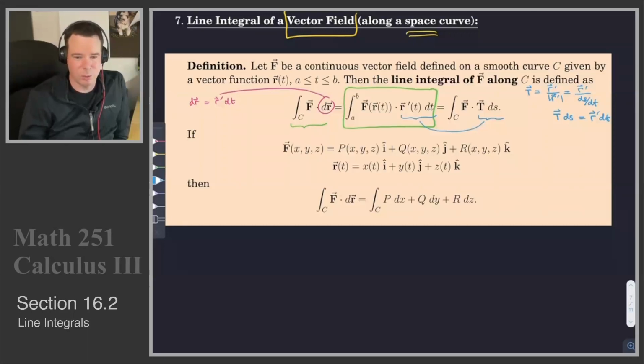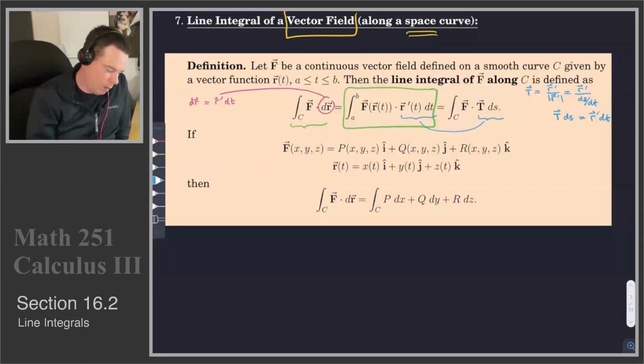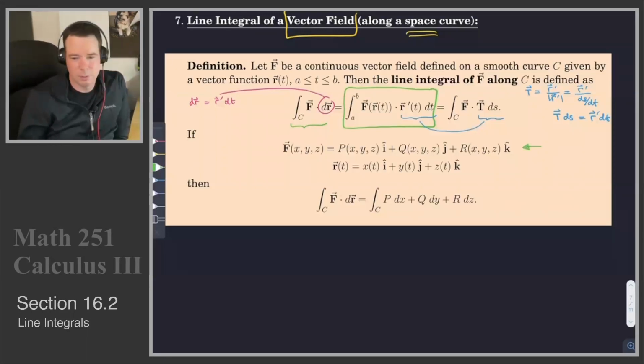That's the integral we're interested in. That's how we're going to compute it. When we read off an integral like that, what we essentially have is our vector field, which is given by these three scalar functions, p, q, and r. We've got our curve, which is given by that parameterization, r of t.